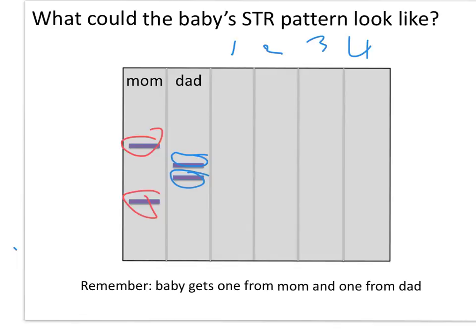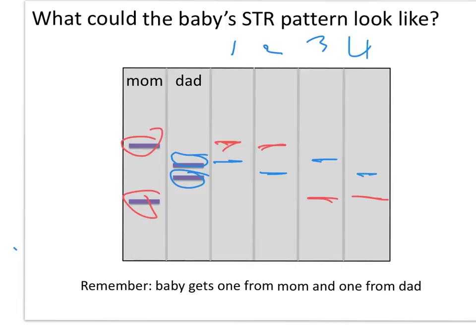Okay, we can say mom could be this, right? This band. Could also be mom. And then dad could be either this one or this one. Or it could be mom and dad.